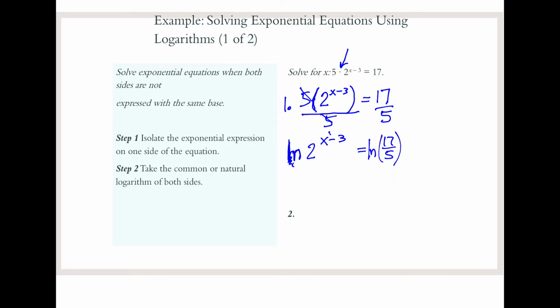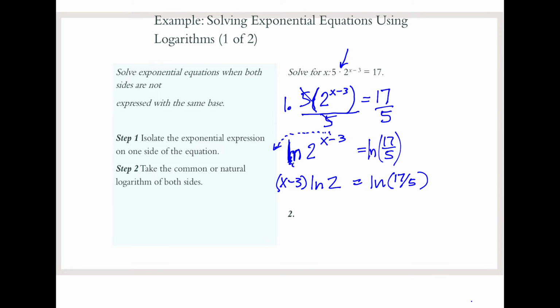We can now rewrite this out in front, and that takes it out of the exponent, x minus 3. Keep that grouped. Use parentheses there. So we have x minus 3 out front multiplied by ln of 2 equals the ln of 17 fifths.